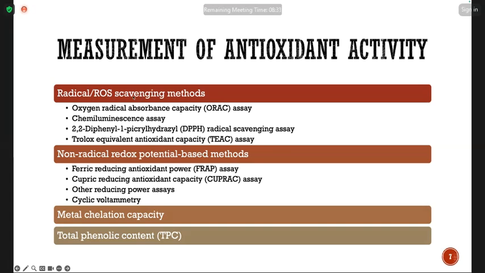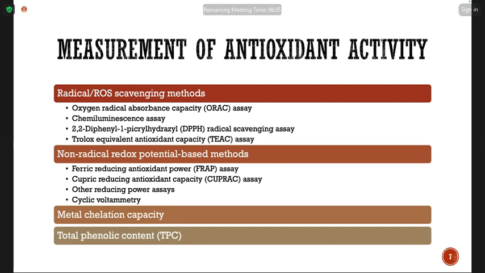The first one, oxygen radical absorbance capacity. The second one will be chemiluminescence assay. The third one, DPPH. The fourth one, Trolox. So if you choose DPPH, you belong to scavenging the ROS. So meaning that you will come to the first mechanism just now, the ROS.